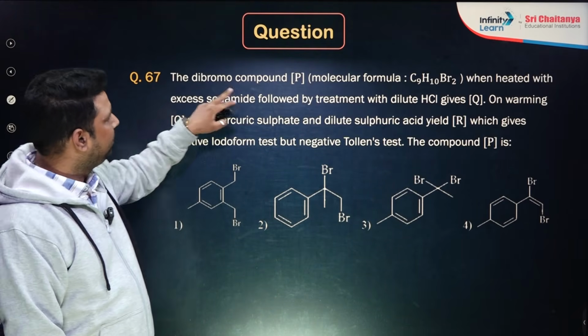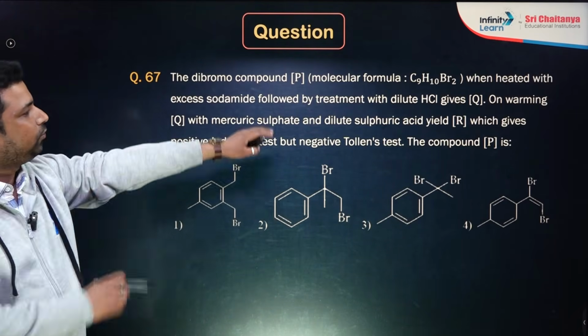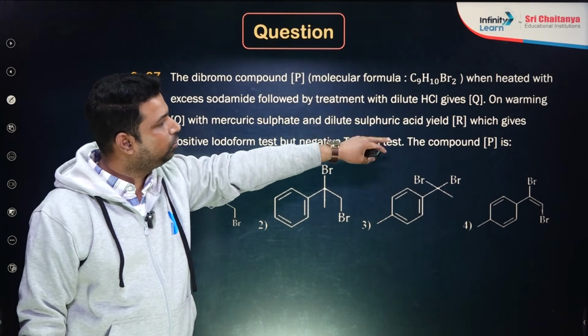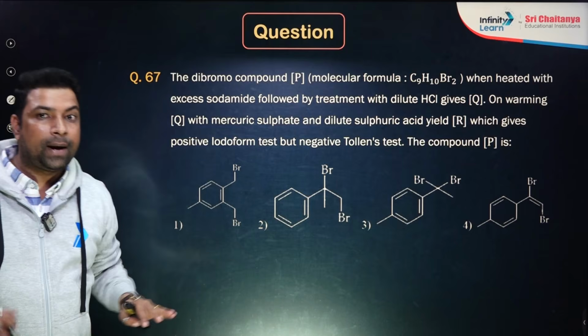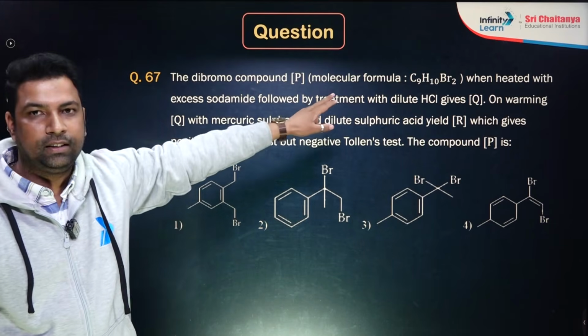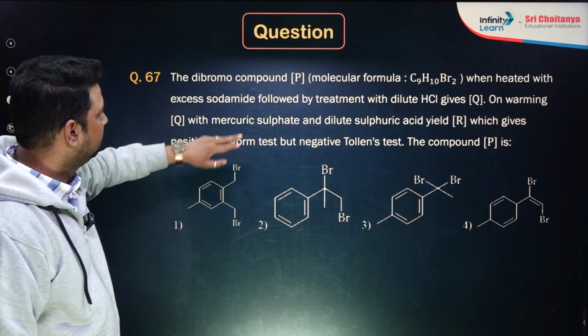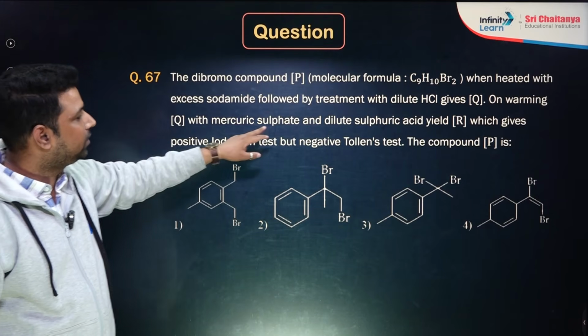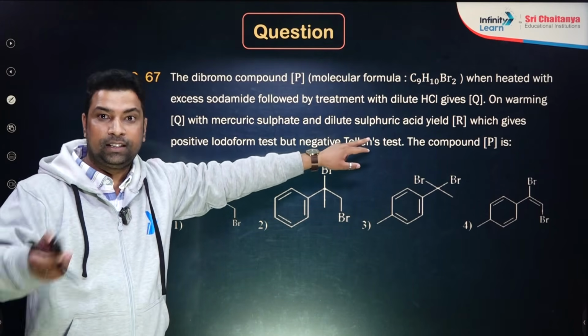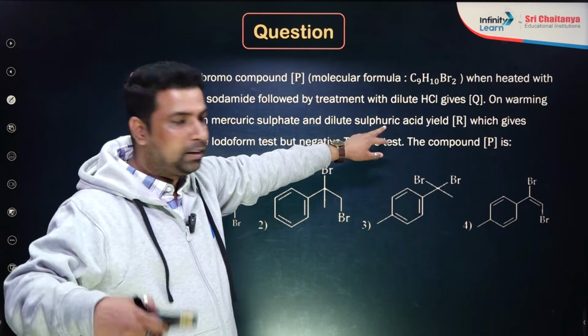Again, the dibromo compound P, molecular formula C9H10Br2, when heated with excess sodamide. Sodamide means if there is bromine, there will be formation of alkyne, followed by treatment of HCl. On warming Q with mercuric sulfate with dilute H2SO4 means there is formation of alcohol followed by tautomerization.